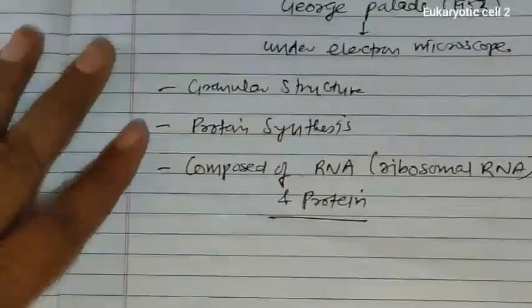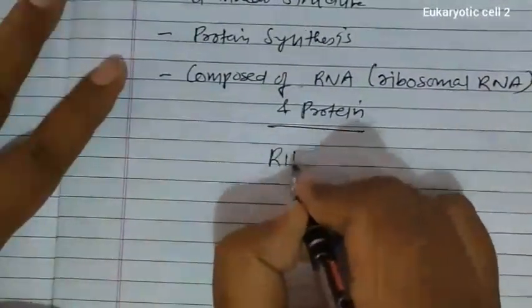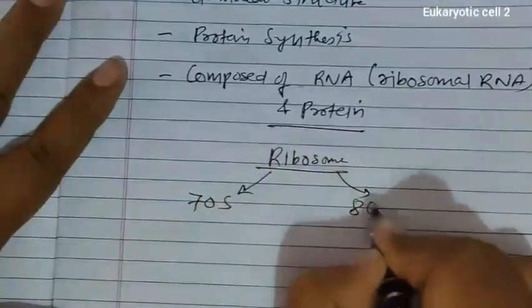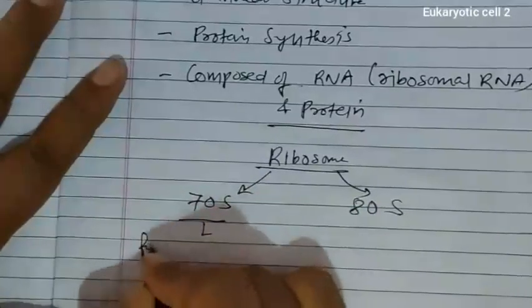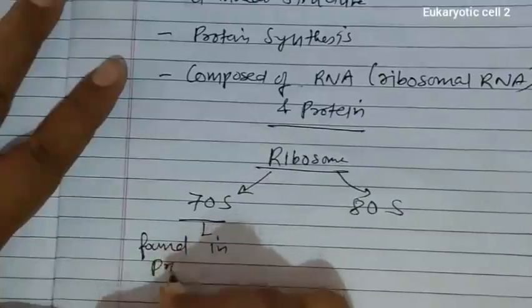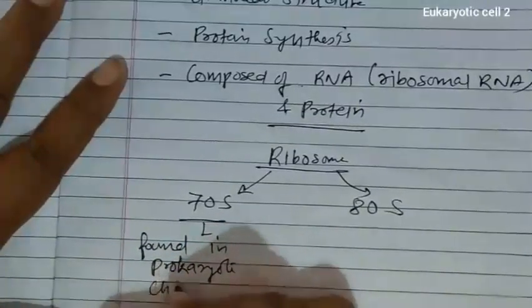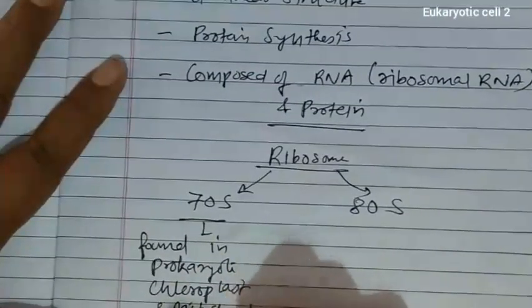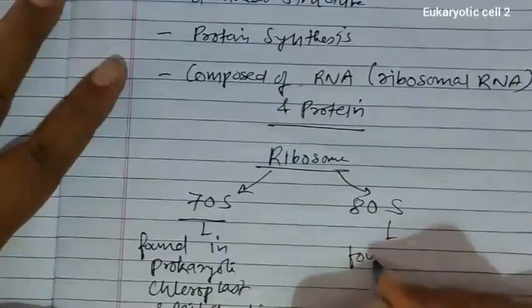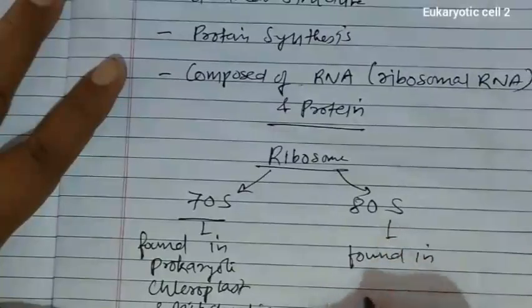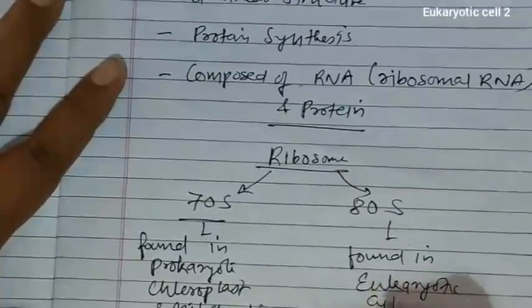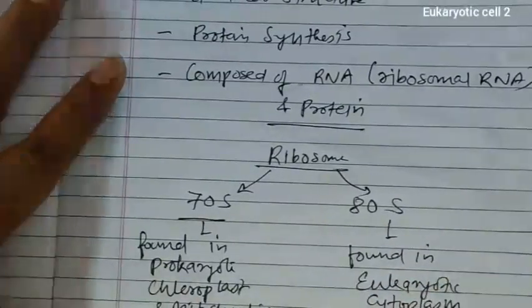Now ribosomes are of two types, 70S and 80S. 70S is found in prokaryotes, chloroplast and mitochondria, whereas 80S is found in eukaryotic cytoplasm. So they are made up of rRNA and protein. They are of two types, 70S and 80S.